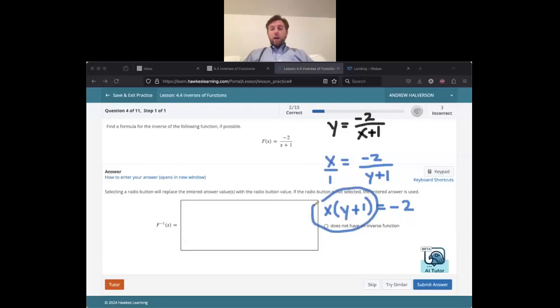So how do we get y by itself here? Remember, that's our goal. What you can do is first divide both sides by x, to get rid of the x. That's y plus 1 over -2 over x, and then subtract 1 from both sides.